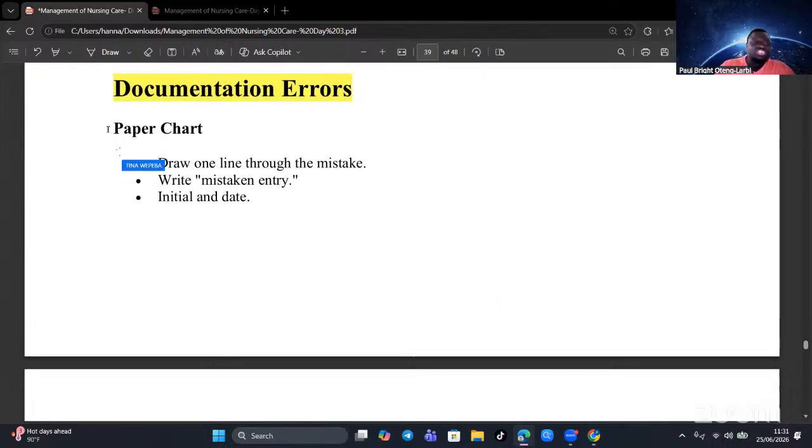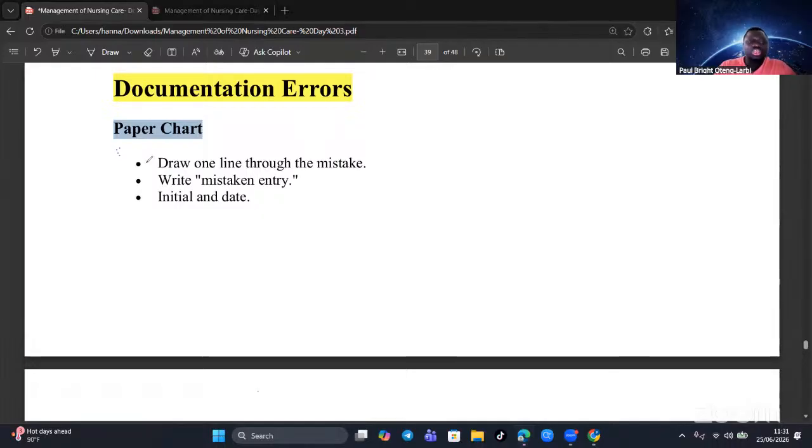Documentation errors. When you are using a paper chart, I want to see what I'm writing, what I'm reading. Draw one line through the mistake. So if this is a mistake, draw one line through it like this. Don't go and do this. It's not the right way to correct errors. So draw one line through it.